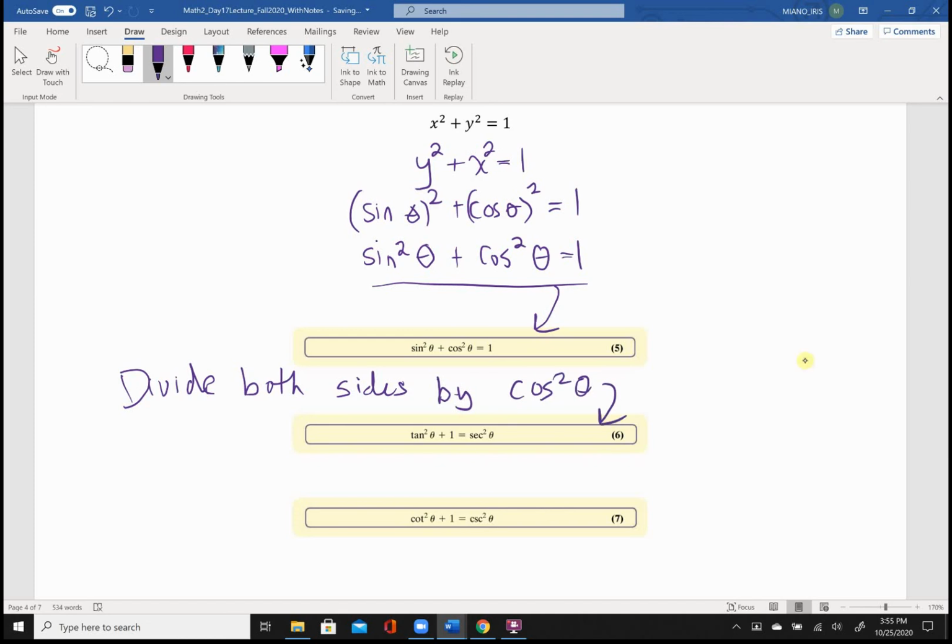And if you, from the original one, divide both sides by sine squared theta, you'll get this last identity.